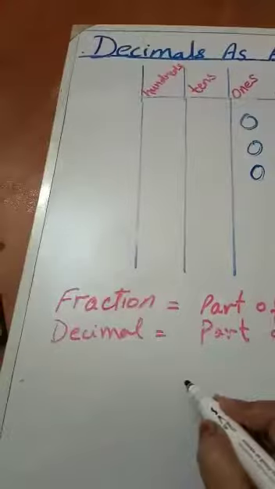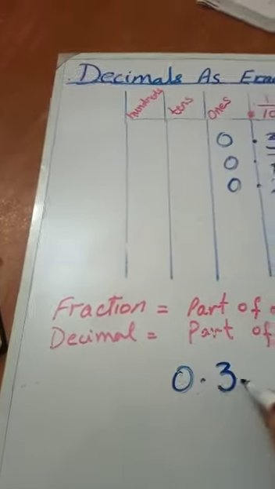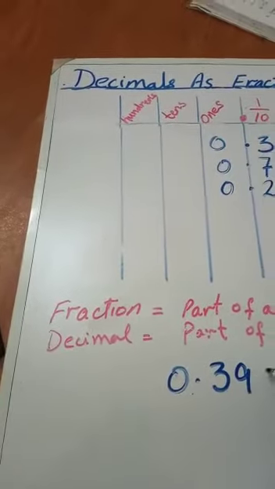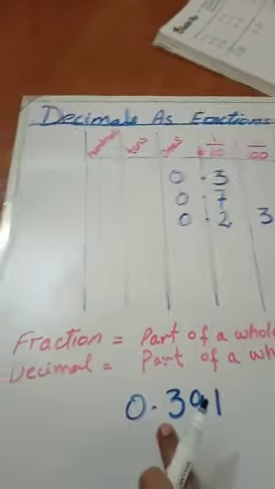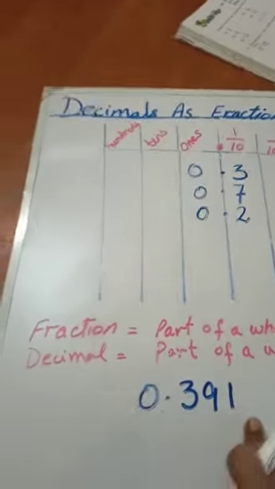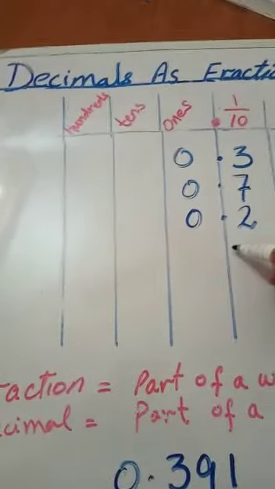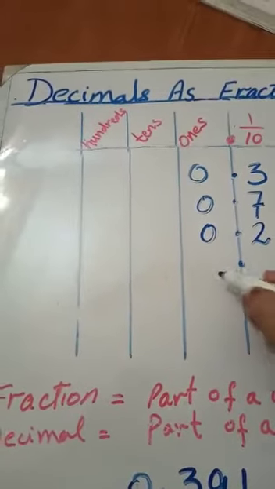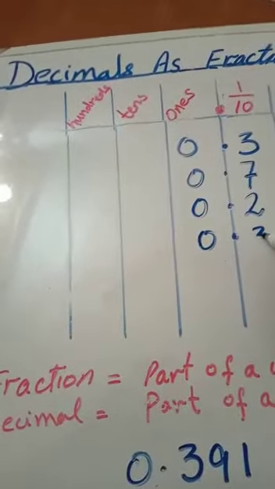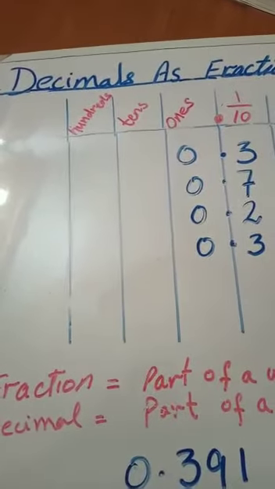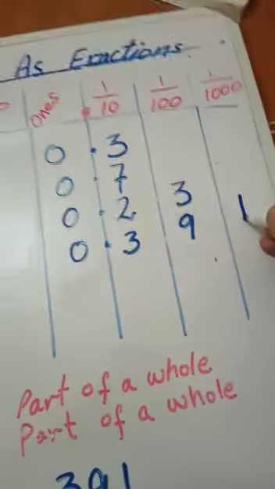Okay, now it is again another example. 0.391. Now you can see that there are three decimal places. So let's put it into the place value chart. It is 0, 3 is 10th, 9 is 100th and 1 is 1000th.